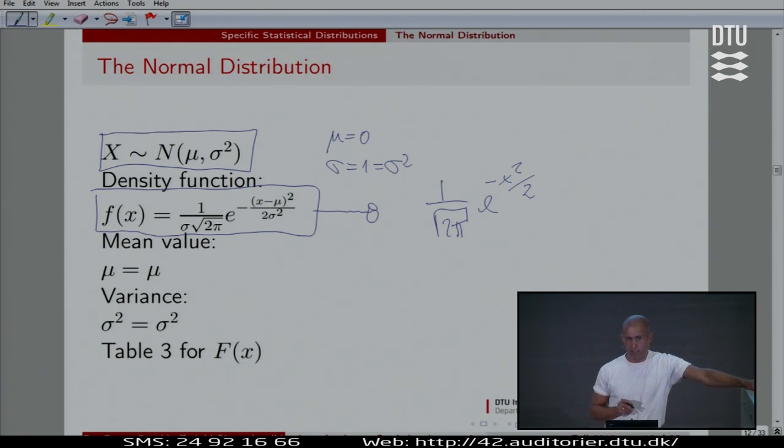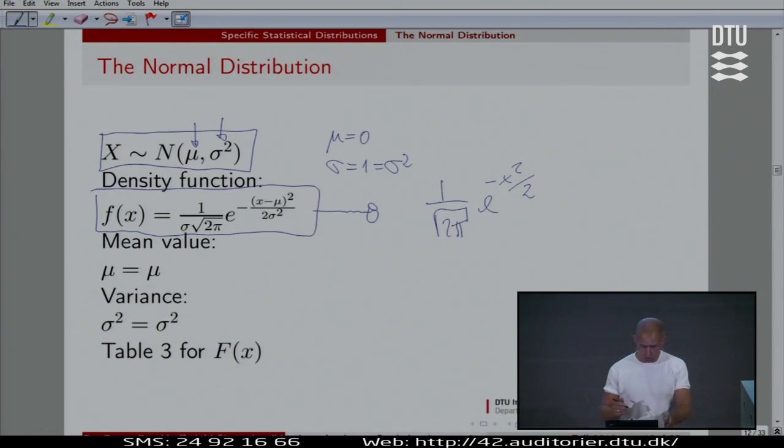This is the notation, the code for making a long story short, that we say, if we make this notation, that x is a random variable with normal distribution with mean mu and variance sigma squared. Well, how can I say mean mu and sigma squared?